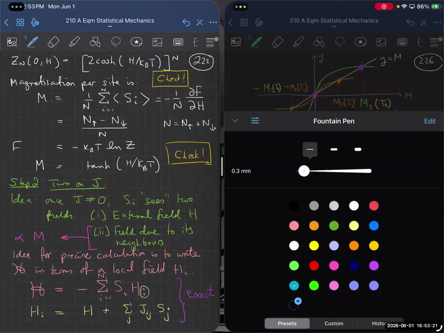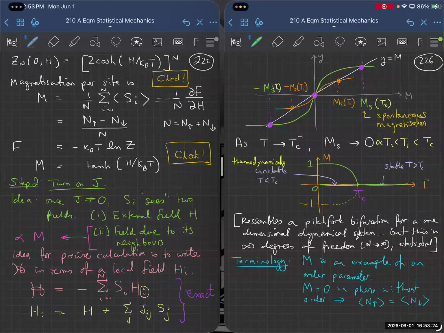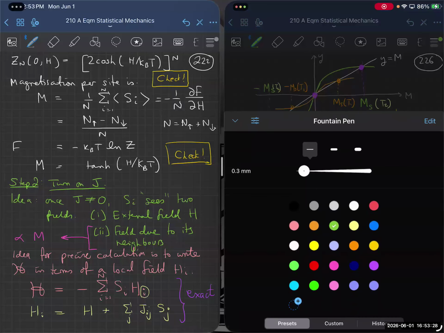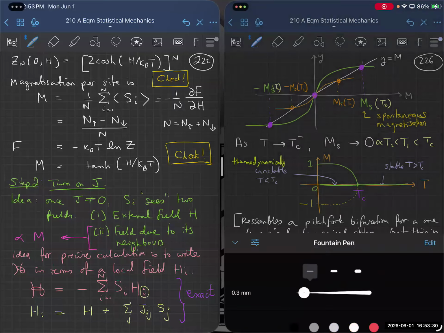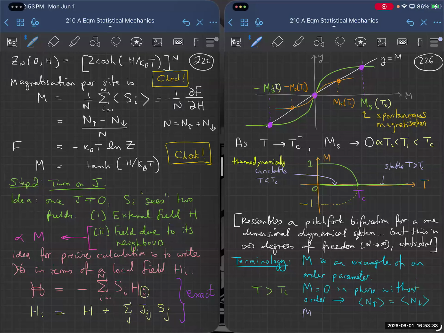So that's true for t greater than tc. On the other hand, M is greater than 0 in the phase with order, where, for example, the expected number of spins pointing up is not equal to the number of spins pointing down.